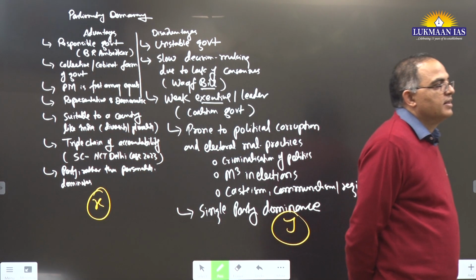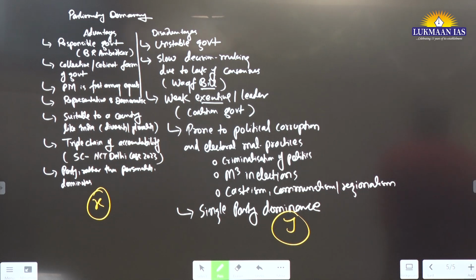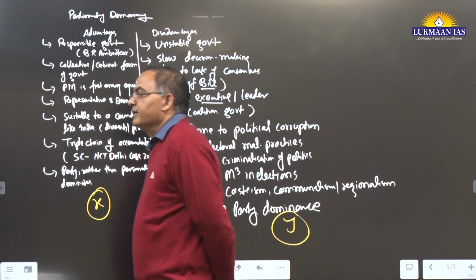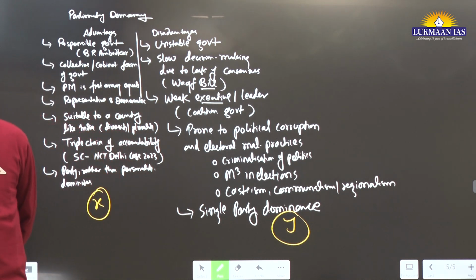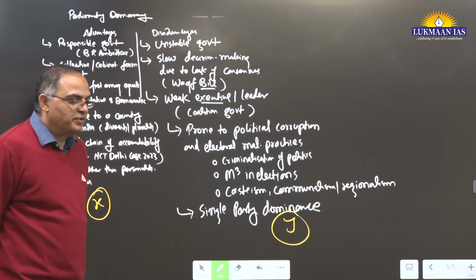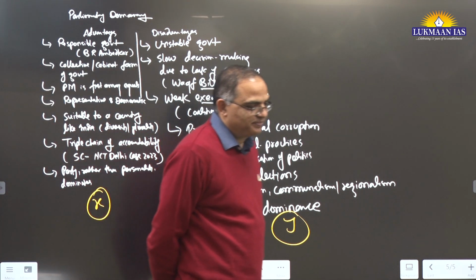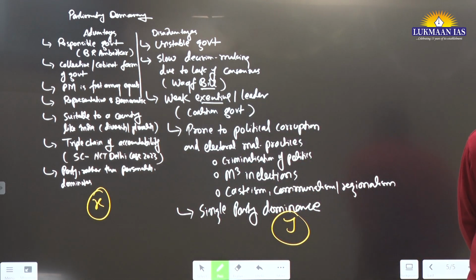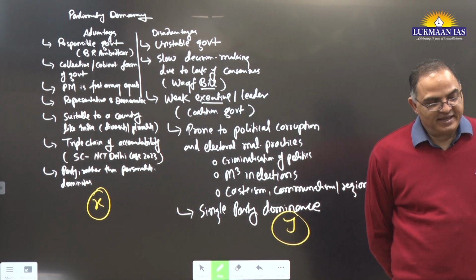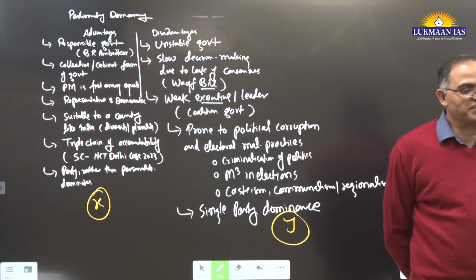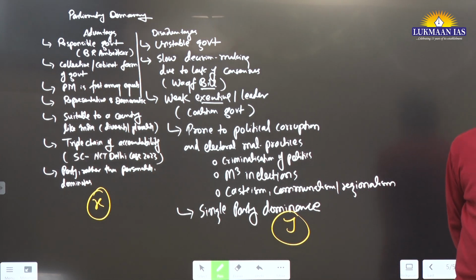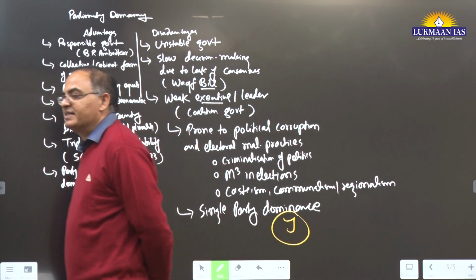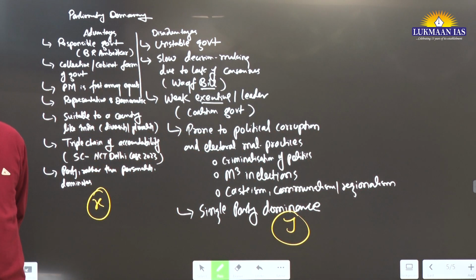He remarked, India should go for the idea of responsible government, even at the cost of unstable government.